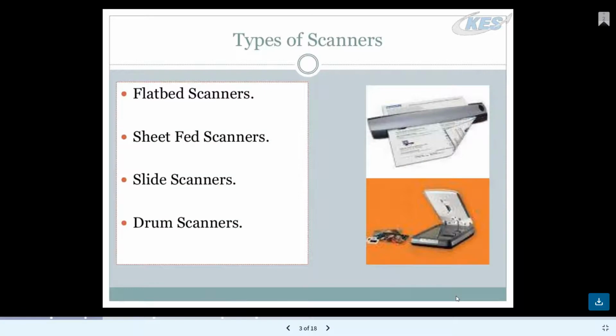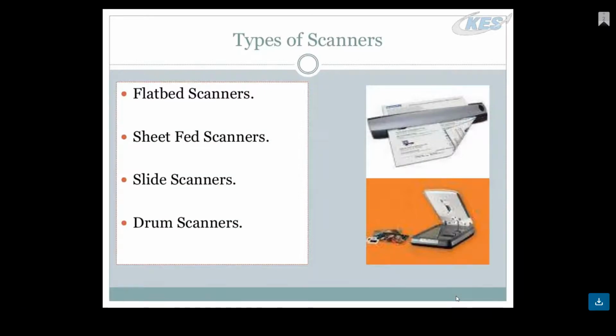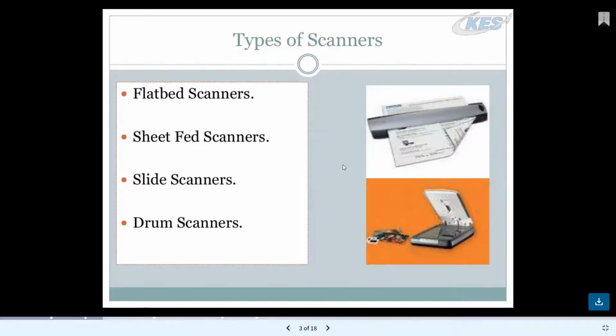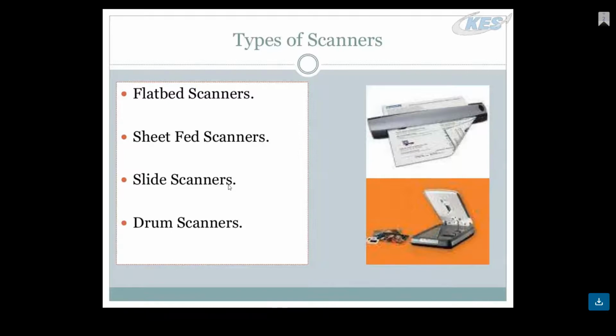Next, what are the different types of scanner? There is flatbed scanner, there is sheet fed scanner, there is slide scanner, there is drum scanner. What a slide scanner is: we never had overheads, we never had projectors, what we see today, or big televisions.